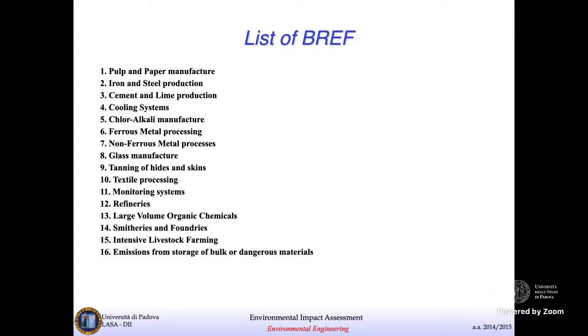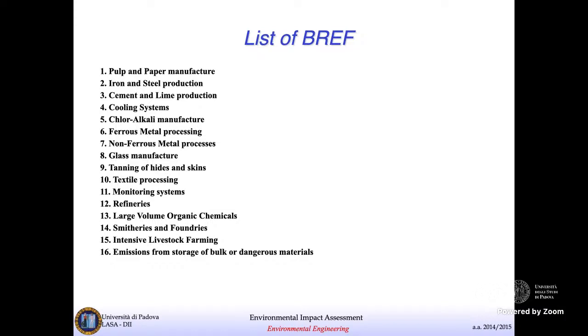Here is a list of BREFs you may find on the IPPC website. Pulp and paper manufacture, which is one industry that is very impacting, iron and steel production, cement and lime production, cooling systems, chlor-alkali manufacture, and also fluorine. There is now a directive for fluoride also.